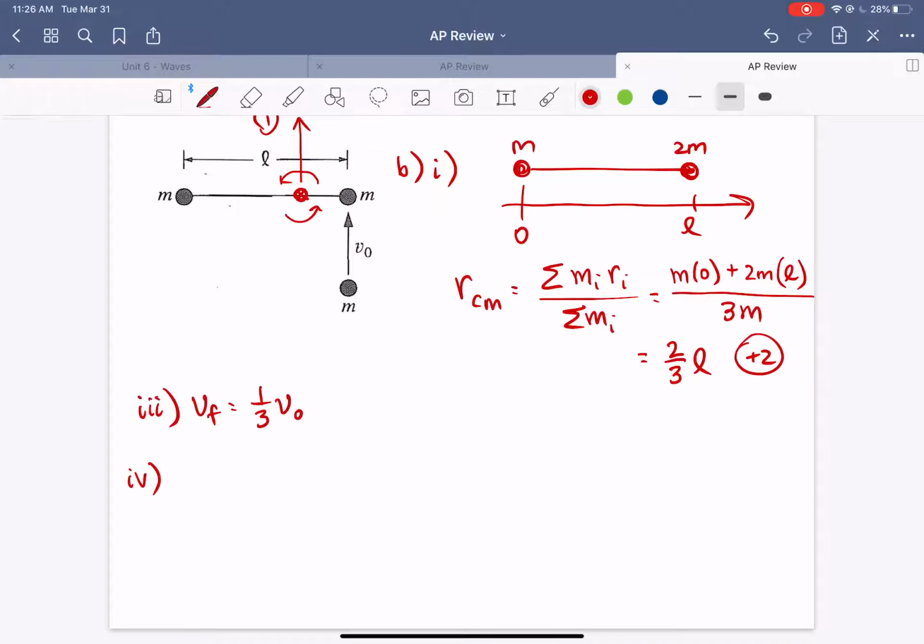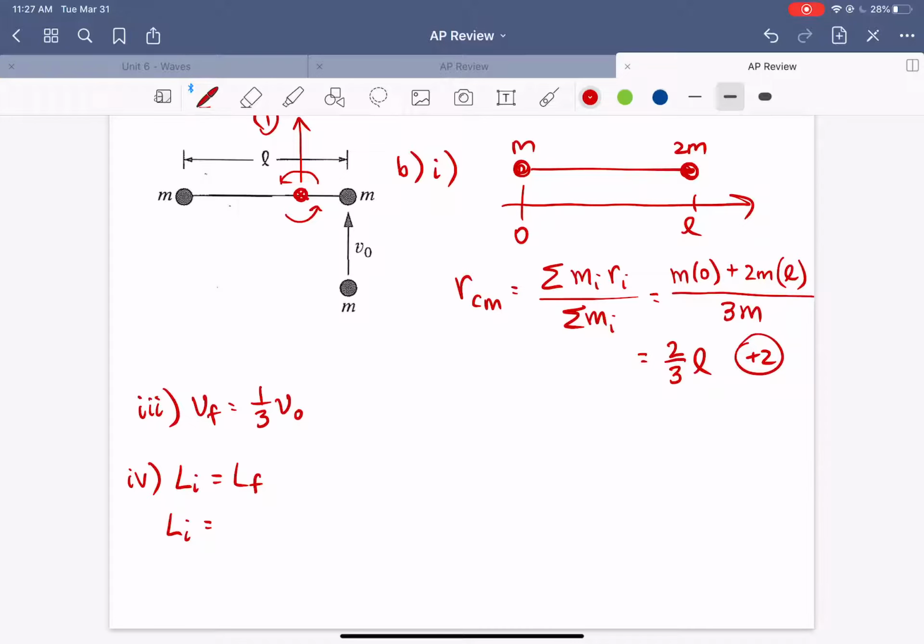So the angular momentum is going to be conserved here. And you have to remember that there is angular momentum even before the collision, just due to this mass moving in a straight line. So we're going to measure angular momentum with respect to the center of mass. So the initial angular momentum, we have a particle moving in a straight line.